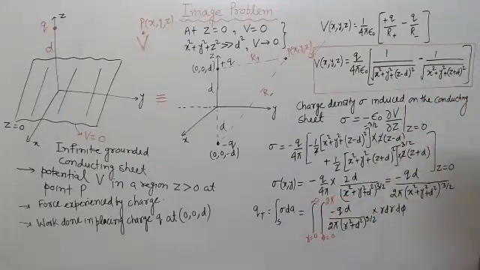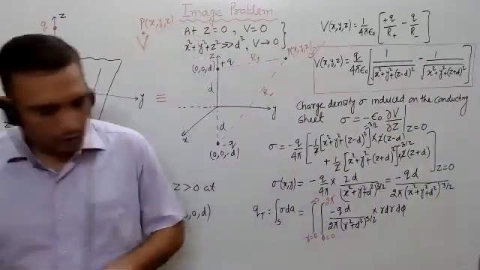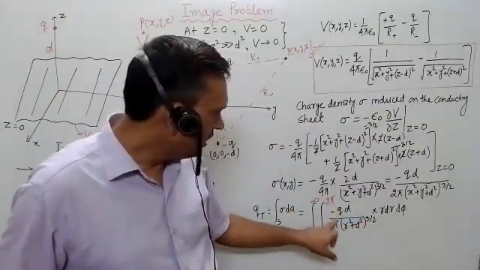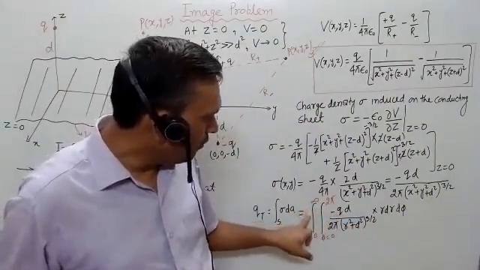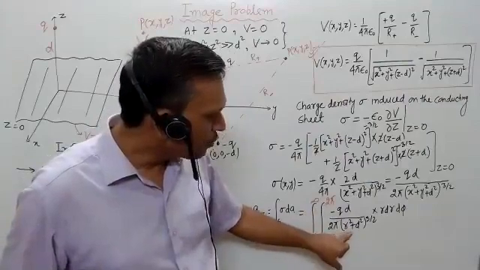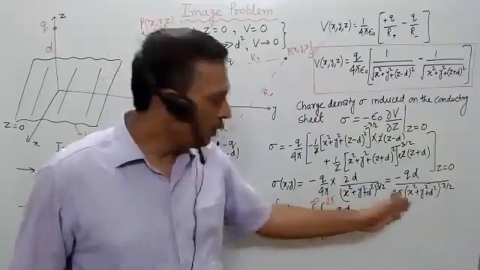So calculate this integral. You will see d phi will give you 2 pi, so 2 pi will cancel out. Minus q d will be common. So take r square plus d square as t square.